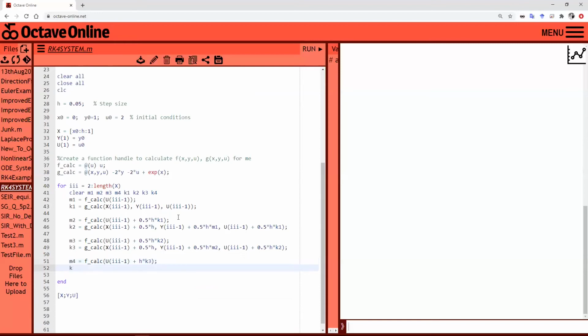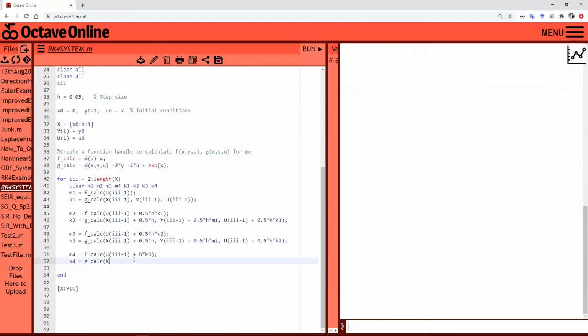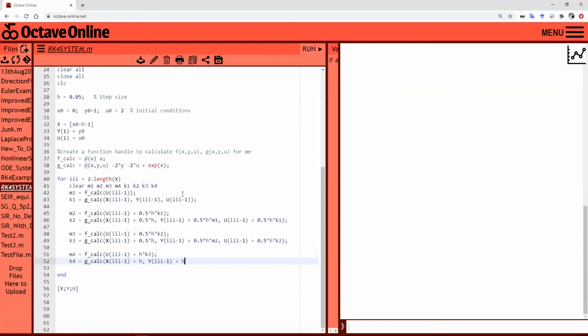And similarly, K4 equals gcalc evaluated at the x value, so x was x_n plus h: x at the previous step plus h. Then y at the previous step plus h times m3.